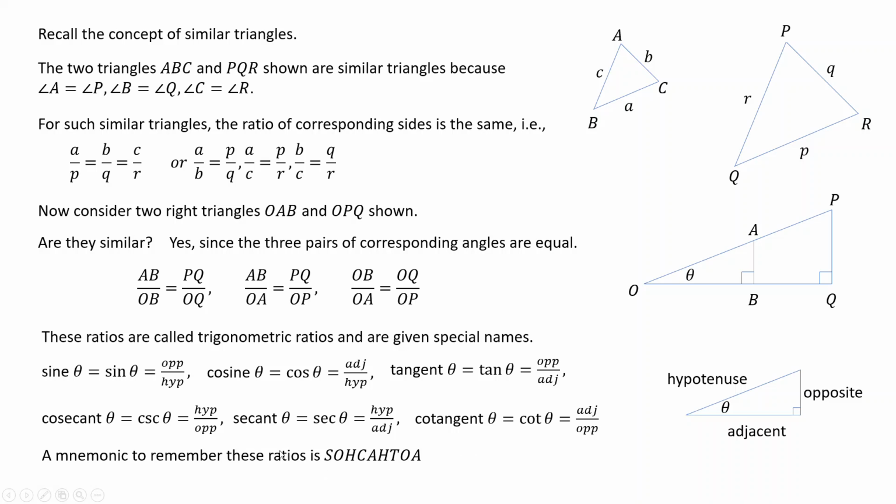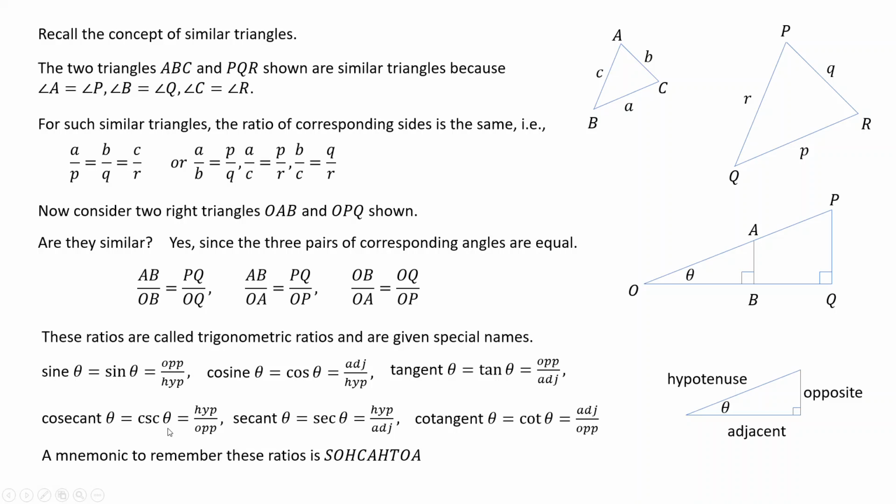That's the mnemonic people use to remember, wait a minute, is cosine adjacent over hypotenuse? Well, SOHCAHTOA: sine opposite over hypotenuse, CAH, cosine adjacent over hypotenuse, TOA, tangent opposite over adjacent. That's it. Cool?